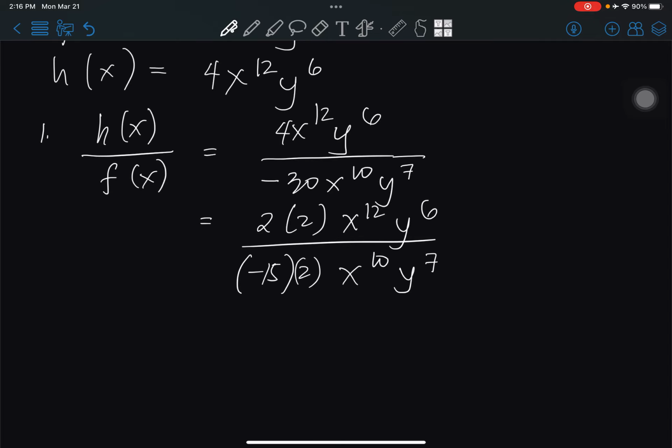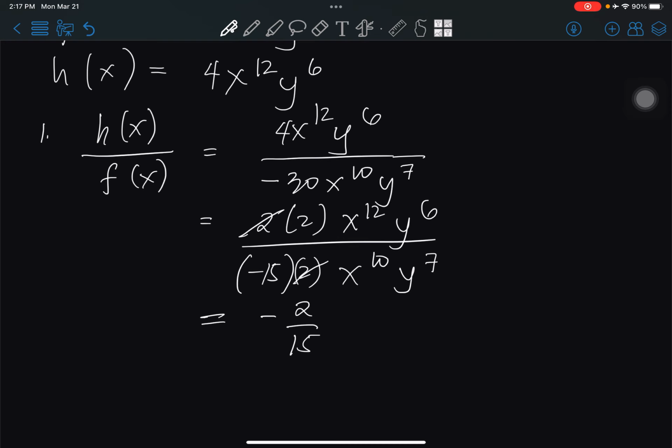Okay, so we have here 2 that can be found in your numerator. So we have to cancel this out together with your 2 that can be found in your denominator. So remaining now, we have 2 over negative 15. So we have simplified now the value of 4 over negative 30. So we have negative 2 all over 15.